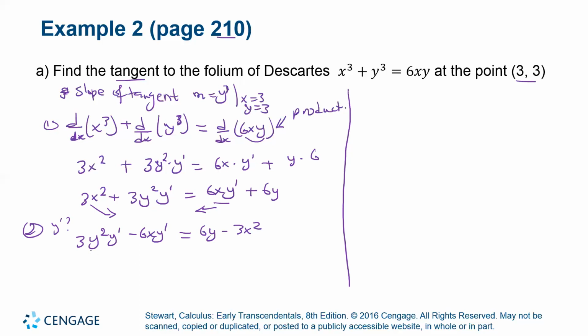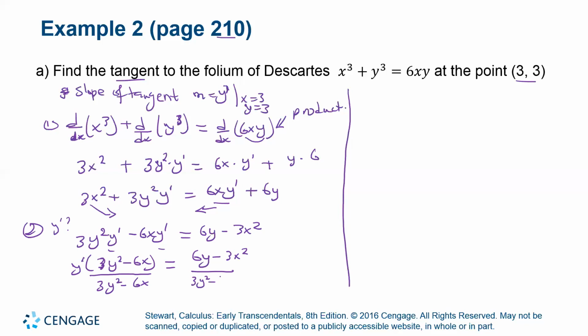Then we factor y prime out from the expressions on the left-hand side. You get y prime times 3y squared minus 6x is equal to 6y minus 3x squared. Then we divide both sides by 3y squared minus 6x.